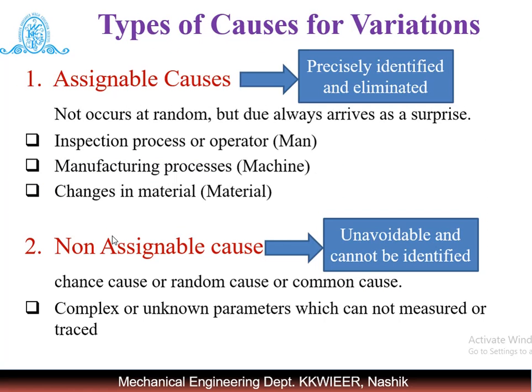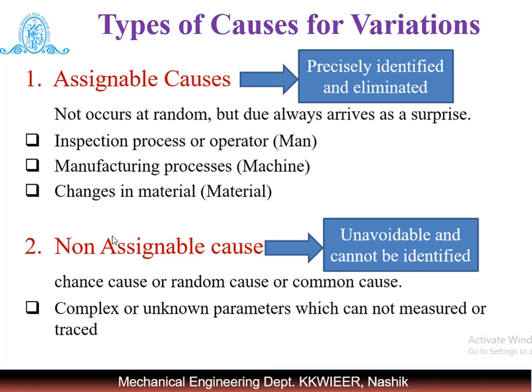Then, if you talk about the types of causes for variation, because we need to take the data from, suppose, a factory. If we want to collect the data from the factory, broadly there are two causes: assignable causes and non-assignable causes.